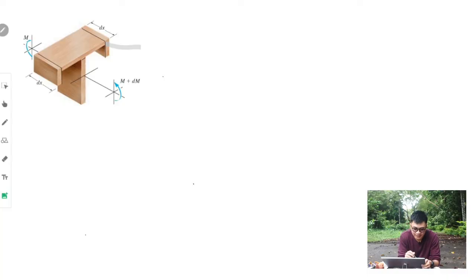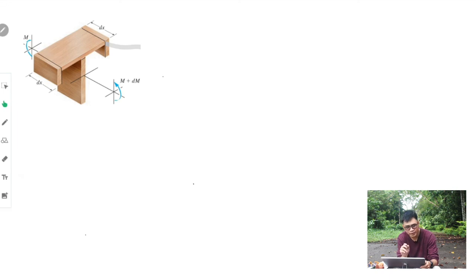We have to consider this beam. Okay? And this beam has a thickness of dx. Okay? And here we have two planks connected to the flange of our beam. Okay? And what it says here is that glue is used to attach this wooden plank to the flange of the beam.